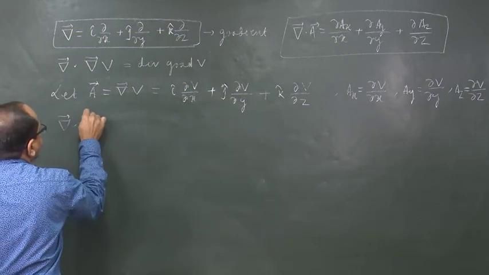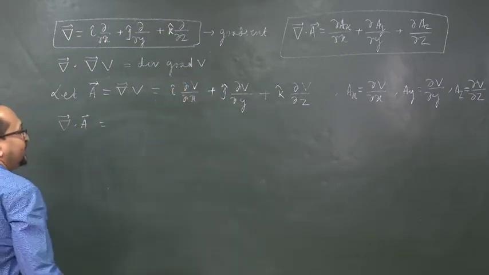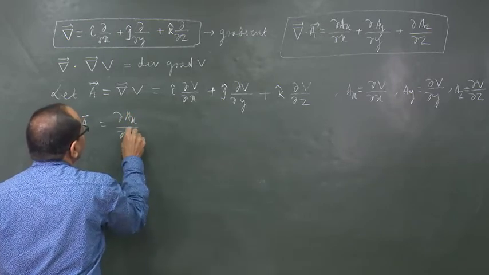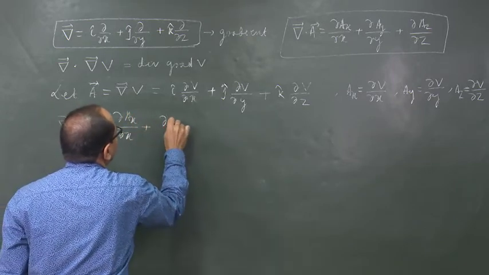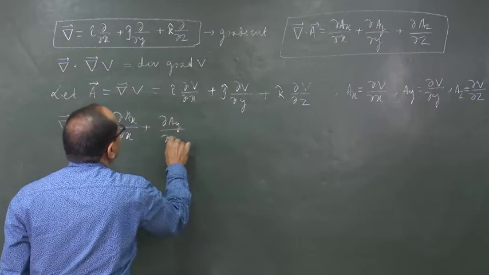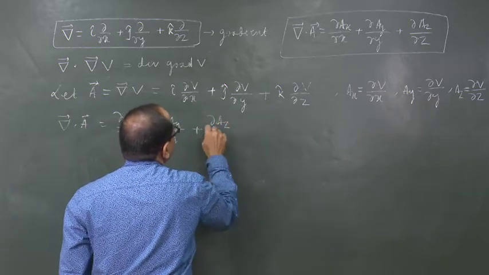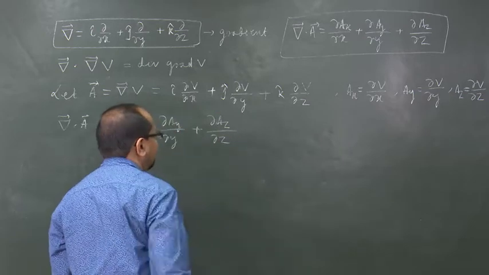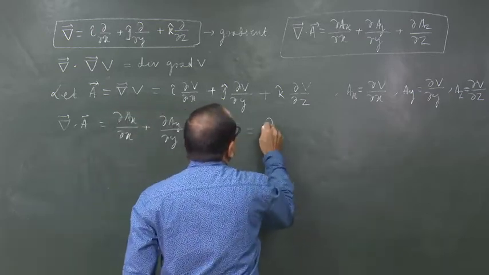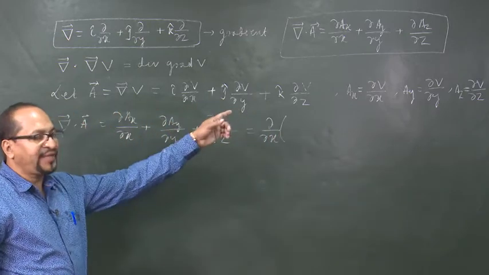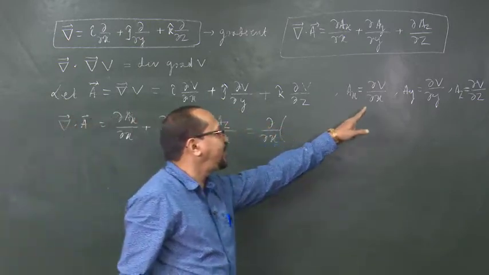Divergence of A we have already given: del A x by del x plus del A y by del y plus del A z by del z. This is equal to del by del x of, what is A x now? Here A x is del V by del x.